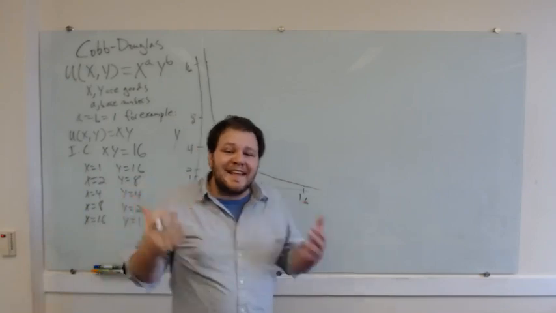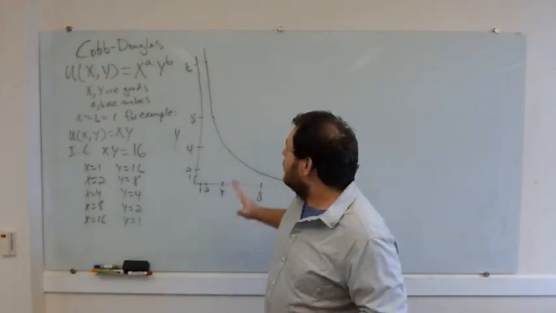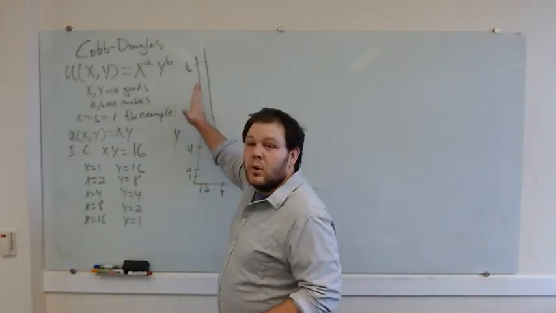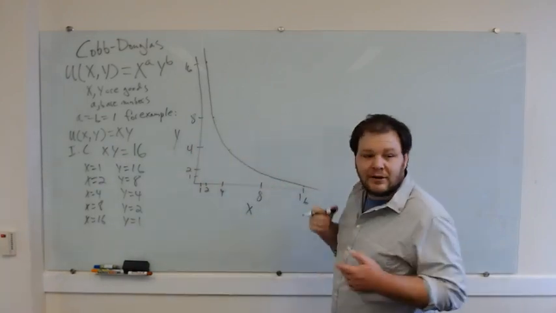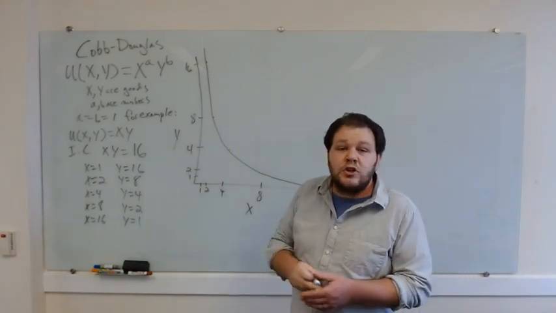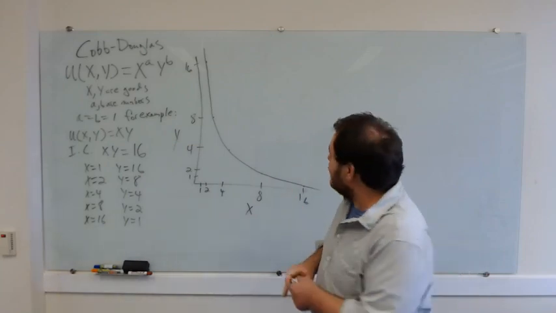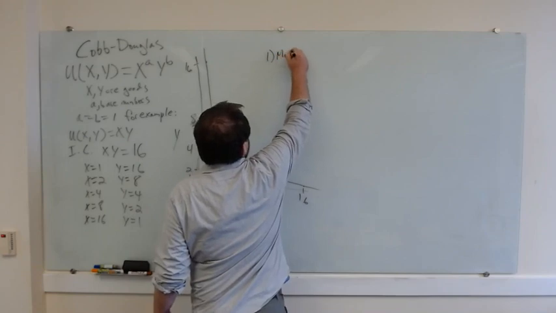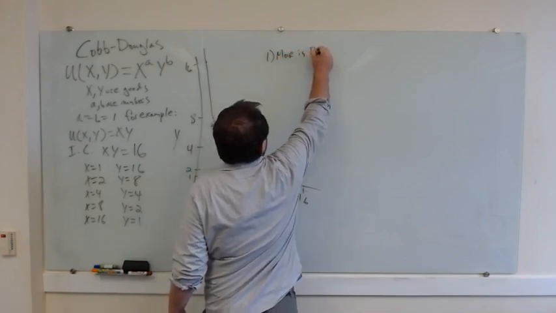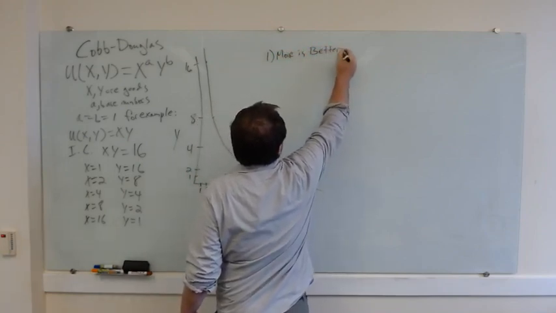So this is going to be this nice curvy shape that we're used to. The slope is going to be really steep when we've got very little x and a lot of y. It's going to be very flat where we've got very little y and a lot of x. So two things I want you to notice about the shape. The first, which I just pointed out, is that more is better. Downward sloping.